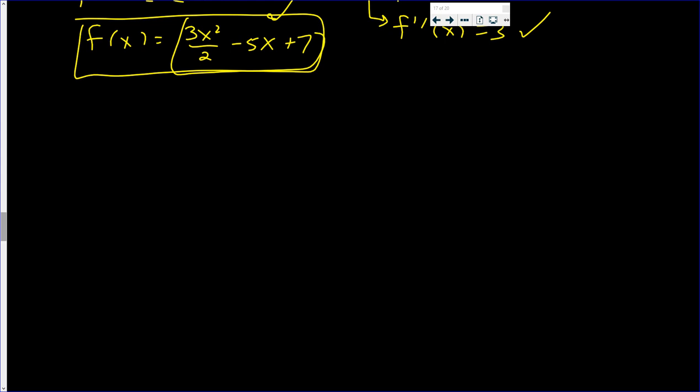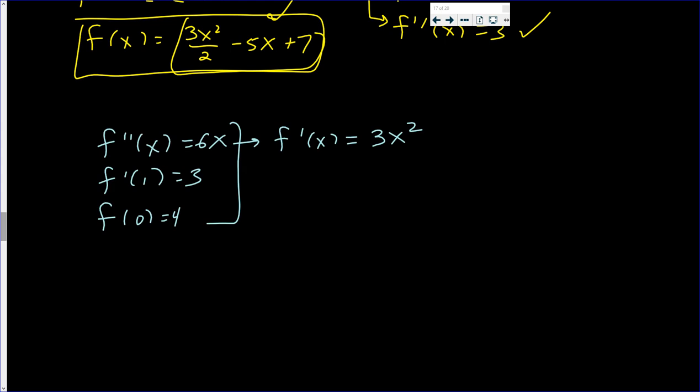Well, if I undo the derivative, I'll get f prime of x on the left, and on the right, I'll get 3x squared plus a constant. f prime of 1, which is 3 times 1 squared, which is 3, plus c, that's supposed to equal 3.